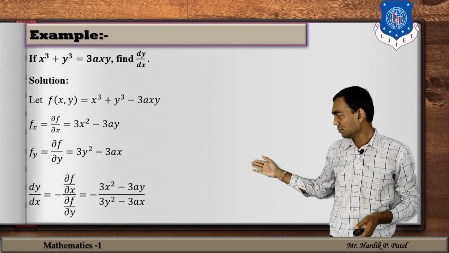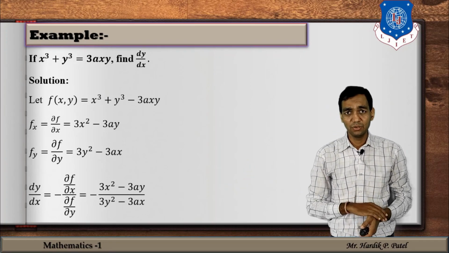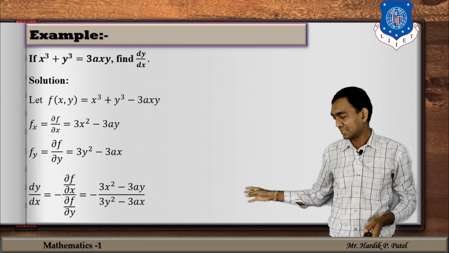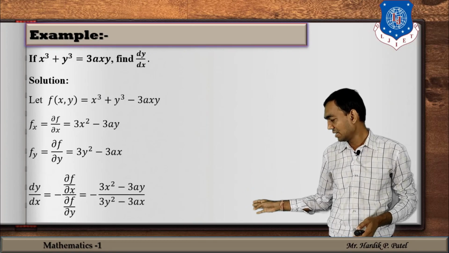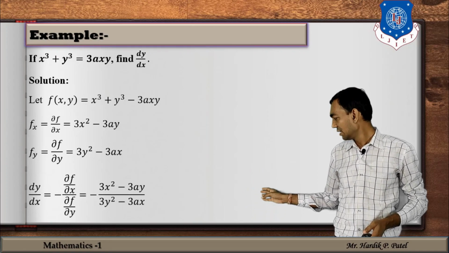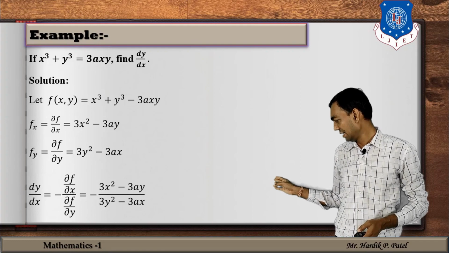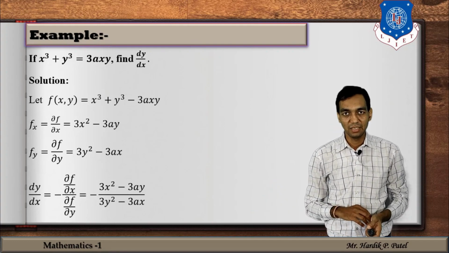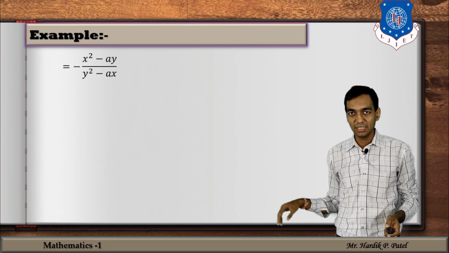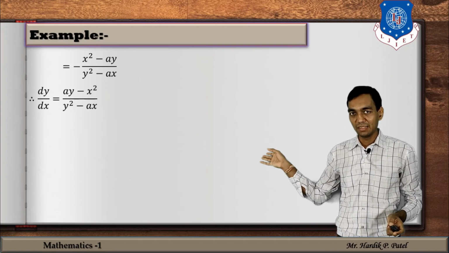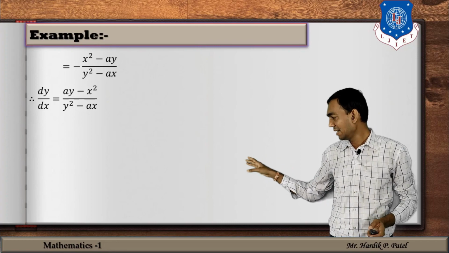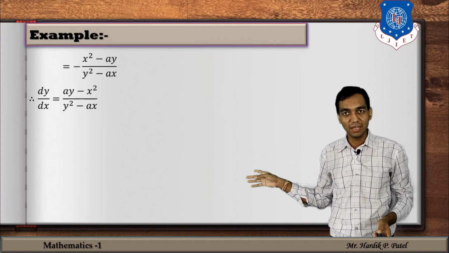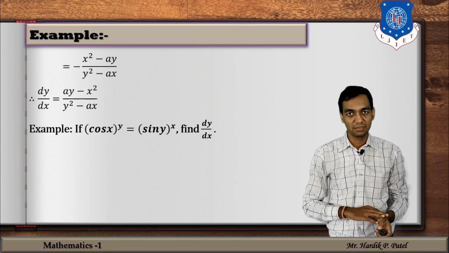And putting both values in your derivative, dy by dx is equal to minus del f by del x divided by del f by del y, and that is minus of 3x square minus 3ay divided by 3y square minus 3ax. 3 common out and cancel, and multiplying minus inside, that will give you dy by dx is equal to (ay minus x square) divided by (y square minus ax).